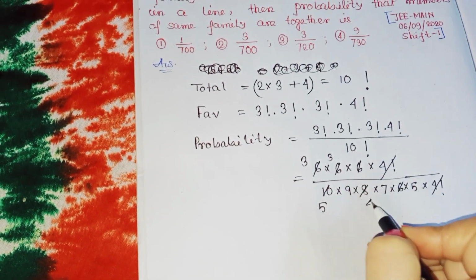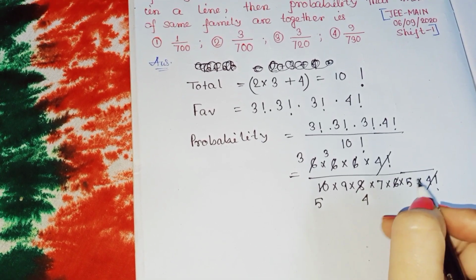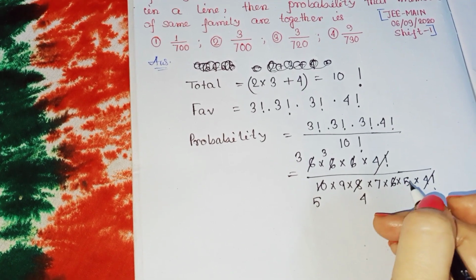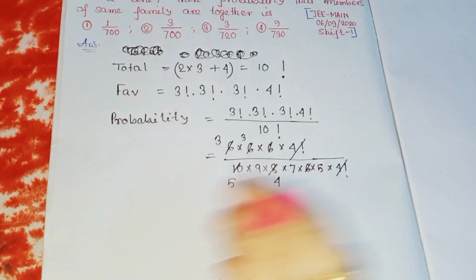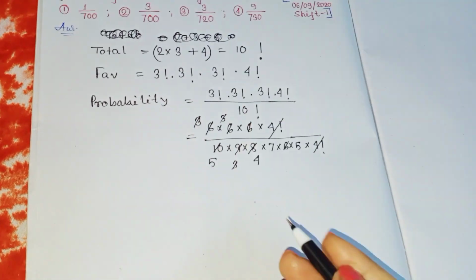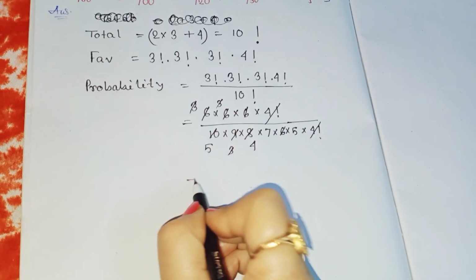So here we get 4, and the remaining one is, now 3 is cancelled by 9 and 3. So here we get 24 into 5.